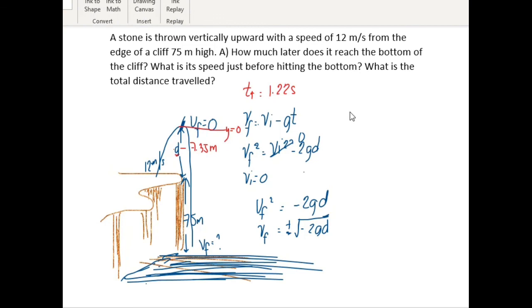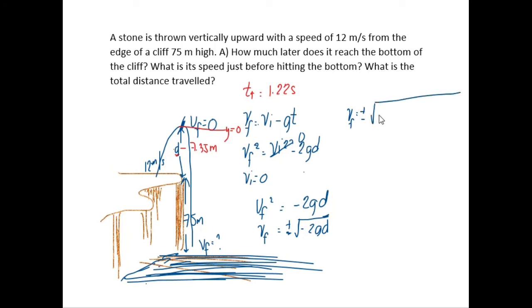The final velocity we have Vf equals positive negative square root of negative 2 times 9.8 times, since it's downward, it's negative. Your negative distance will be the 75 meters plus the 7.35.